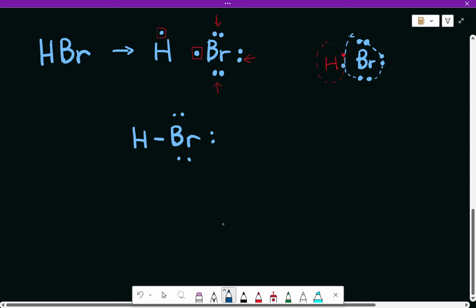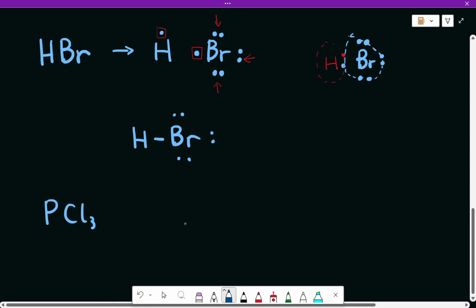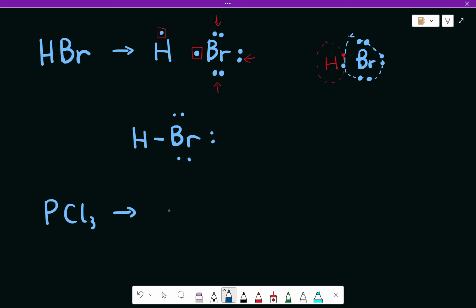And next up, we'll be looking at phosphorus chloride. So this is a little bit more complicated, and we're still going to look at each individual atom's Lewis diagram first.